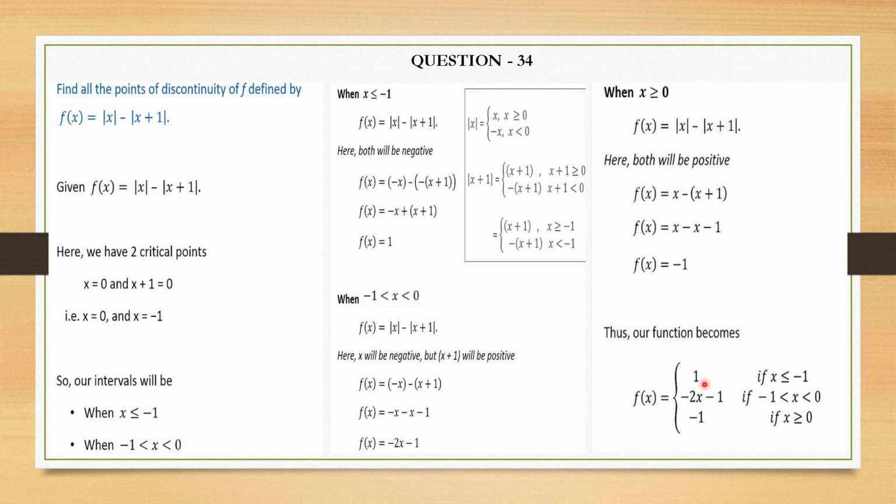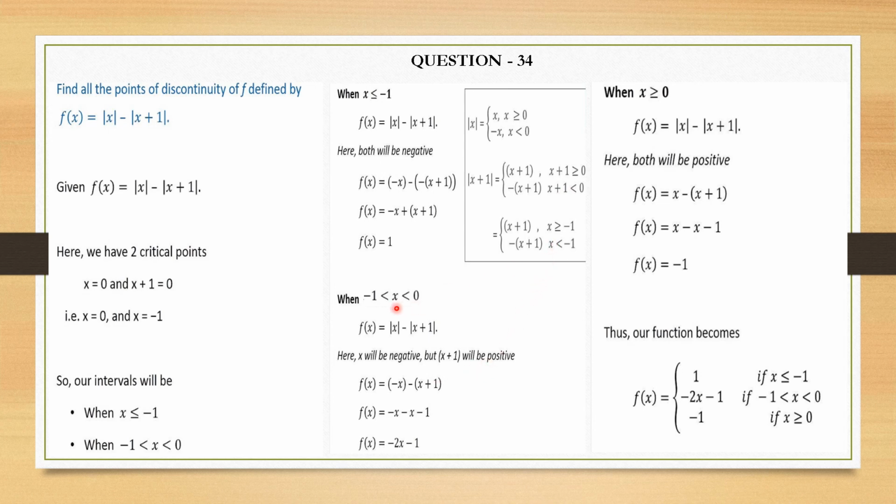This is how we frame the questions, meaning the conditions, and how the function will be defined. f(x) is 1 when x is less than or equal to minus 1. The second case is between minus 1 and 0, meaning x greater than minus 1 and less than or equal to 0. Here x is less than 0, so again this is negative, so it is minus x. The second one, x plus 1, is positive.